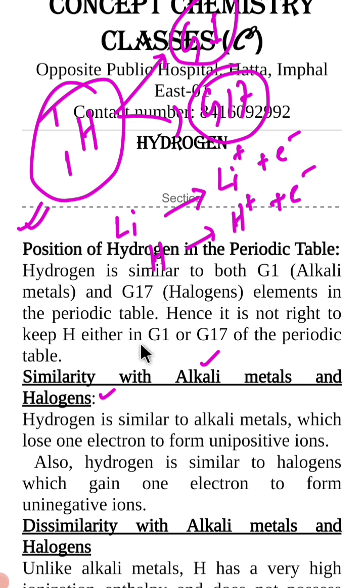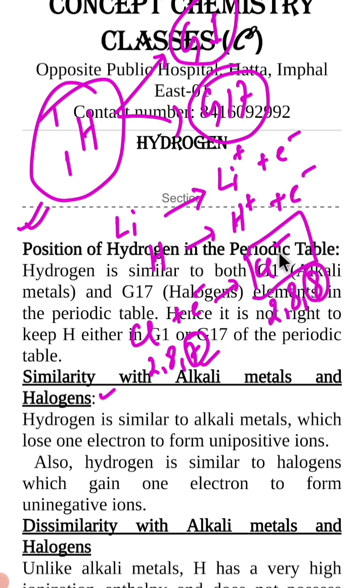And with group 17 elements, let me take one example, that is chlorine. Chlorine has 17 electrons, 2, 8, 7, so its valence electrons is 7, so it can gain one electron to form chloride ion. Chloride ion completes its octet 2, 8, 8, so chloride ion is stable.